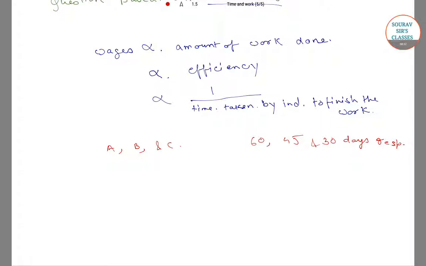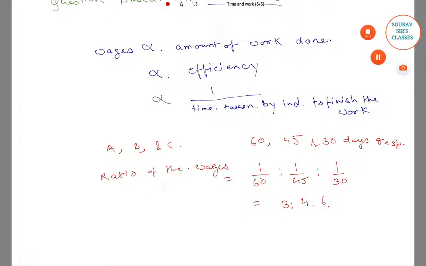Therefore, the ratio of their share of work or the ratio of their wages would be 1 by 60 is to 1 by 45 is to 1 by 30, which is equal to 3 is to 4 is to 6. So if the total amount to be distributed is given, then with the help of this ratio we can find the amount earned by each individual.